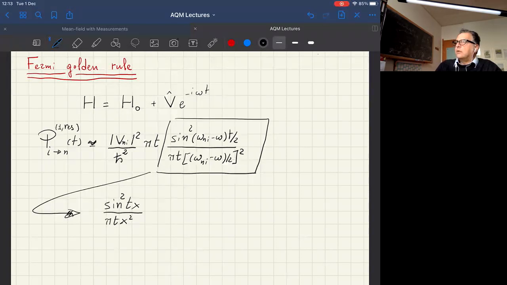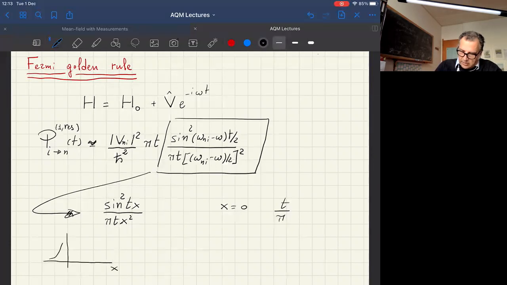Now let's see how it looks. When you go for x equals 0, this is t over π. It will have a shape like this, as a function of x.